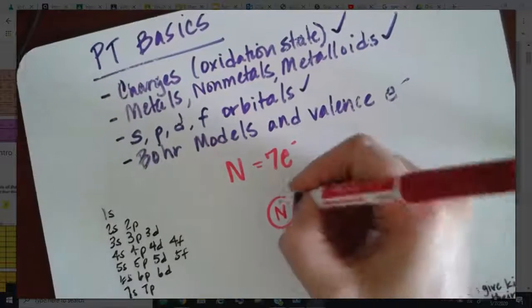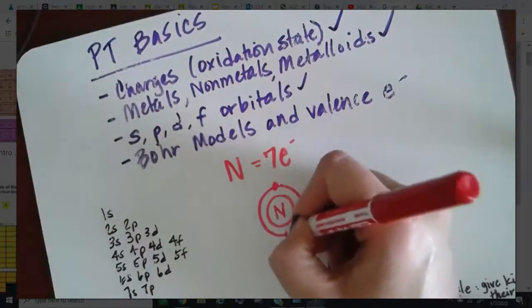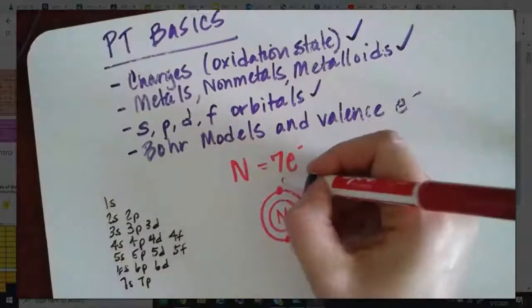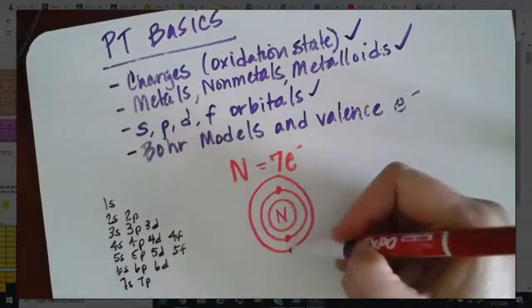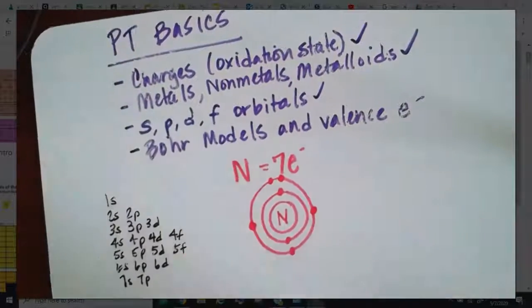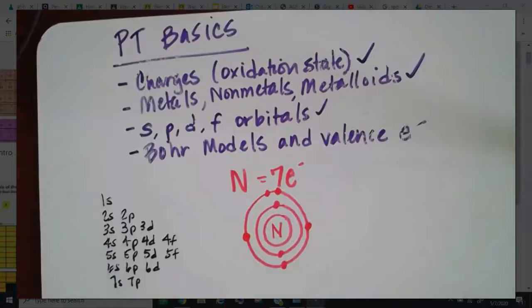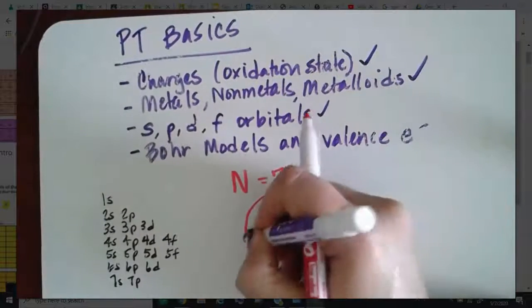We all know that there are 2 electrons in the first shell. 1, 2. Now you move on. Second shell then means that you're going to have 5 more. 7 minus 2 is 5. So 1, 2, 3, 4, 5. Okay, so which ones are your valence electrons? That's going to be the 5 in the outer shell.